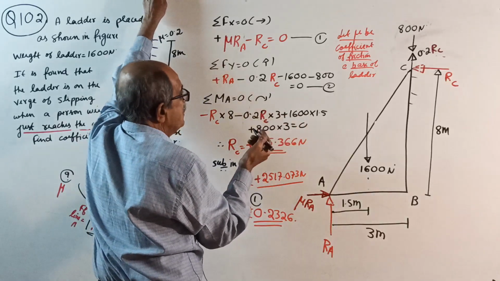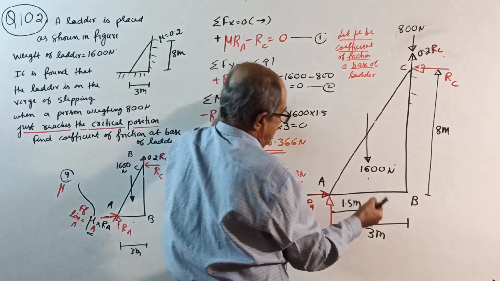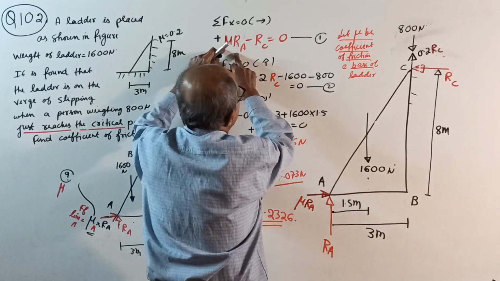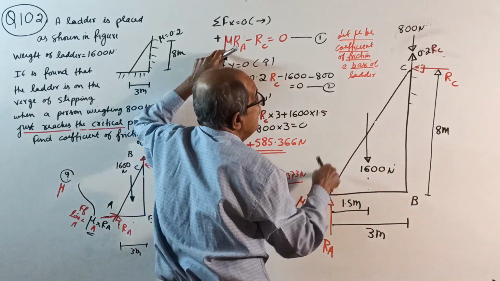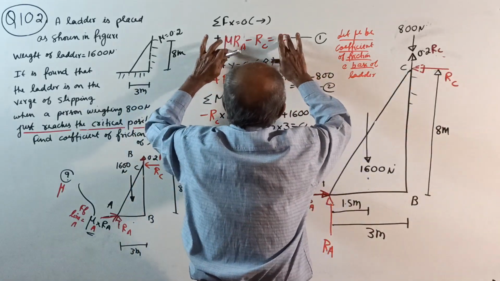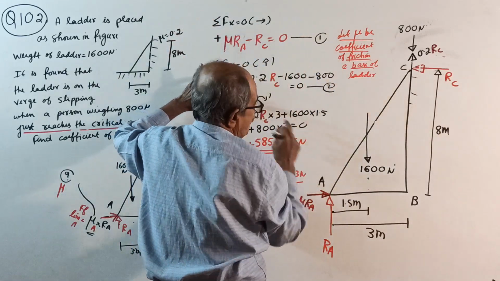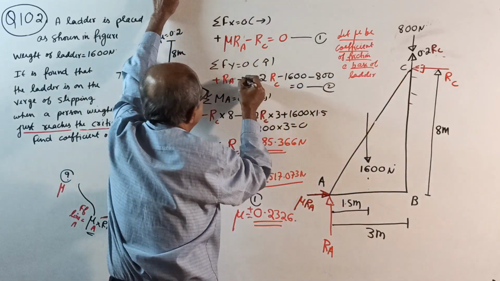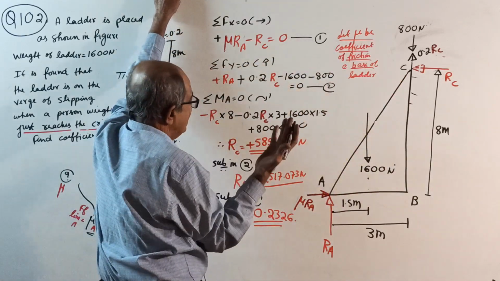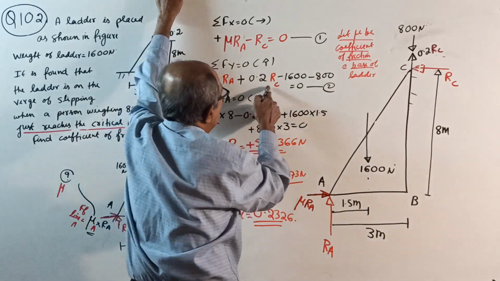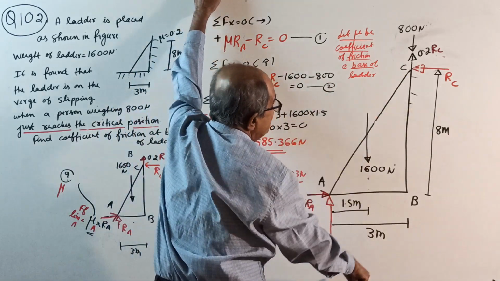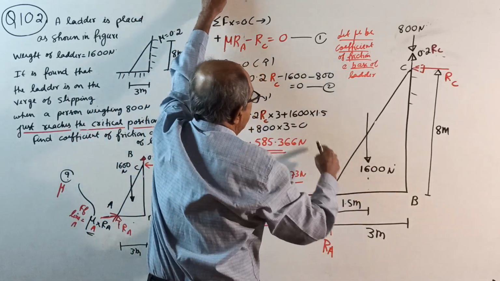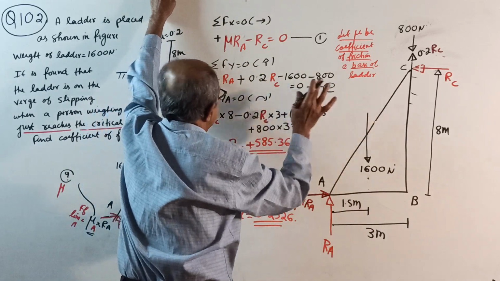Okay. So sigma Fx equals 0: plus mu RA minus RC equals 0, equation 1. Sigma Fy equals 0: plus RA plus 0.2 RC minus 1600, that is the weight of the ladder, then minus 800 equal to 0. Equation number 2.